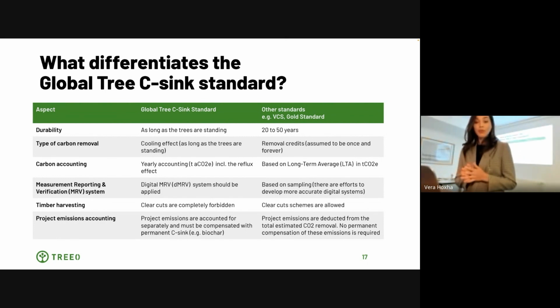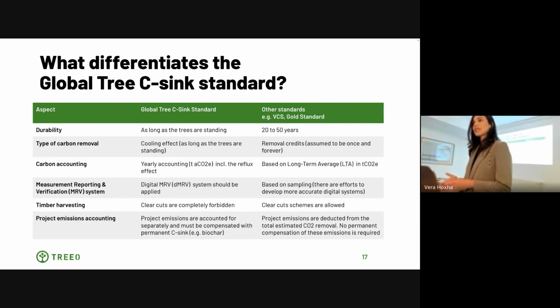For the project emissions accounting, for the global tree C-sink, it's a separate thing that we do. We calculate them separately, and it's mandatory to compensate them through permanent sinks, like biochar.